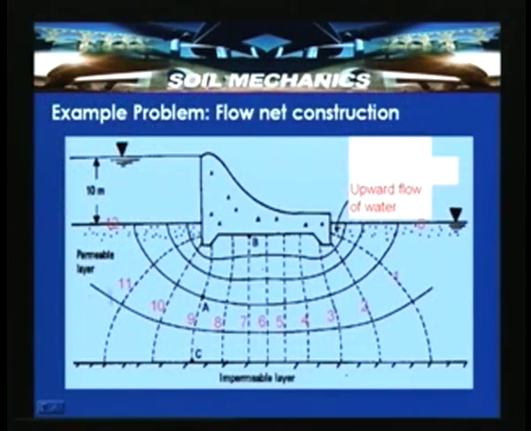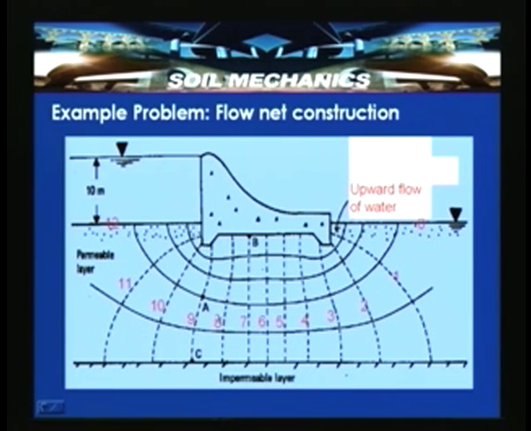So, here what we can do is that the first flow line can take place along this boundary. So, you will be able to get a flow line passing through this particular boundary. So, flow channel 1, flow channel 2, flow channel 3, flow channel 4 and flow channel 5.